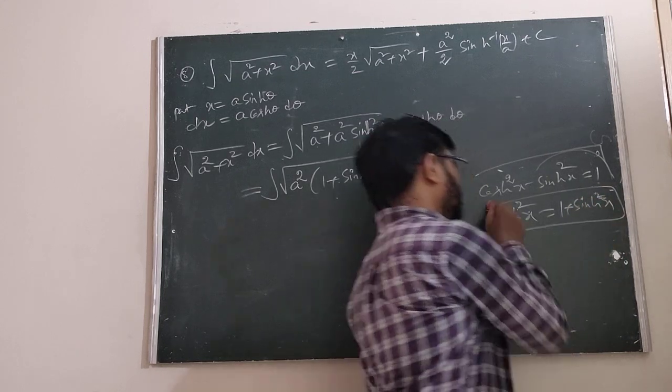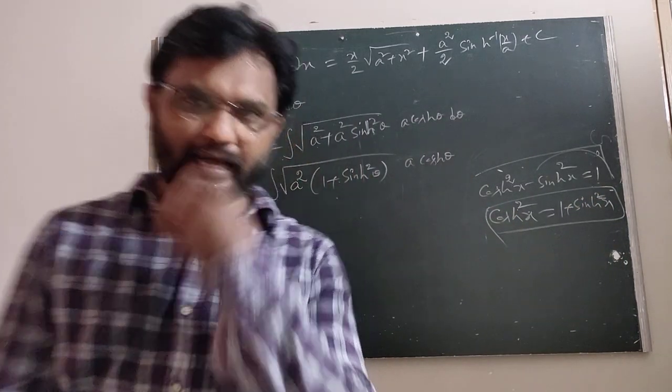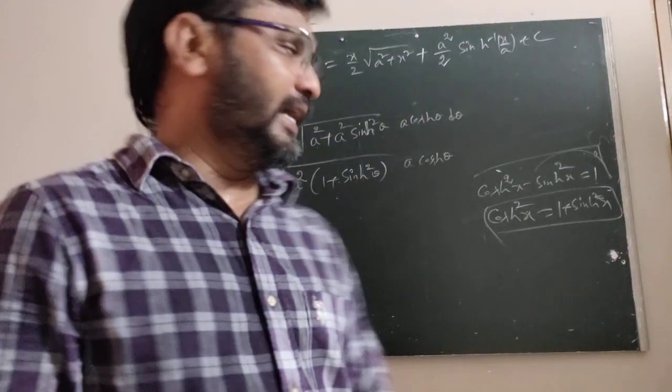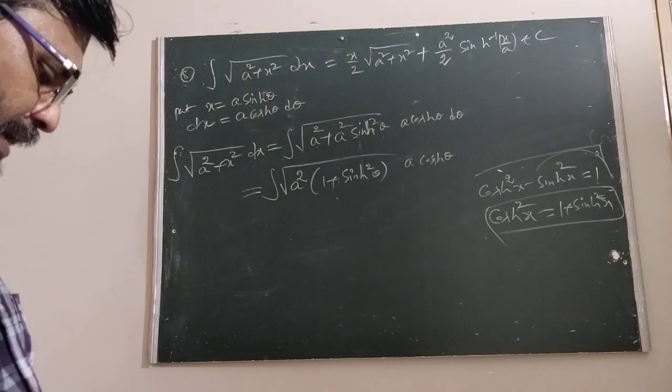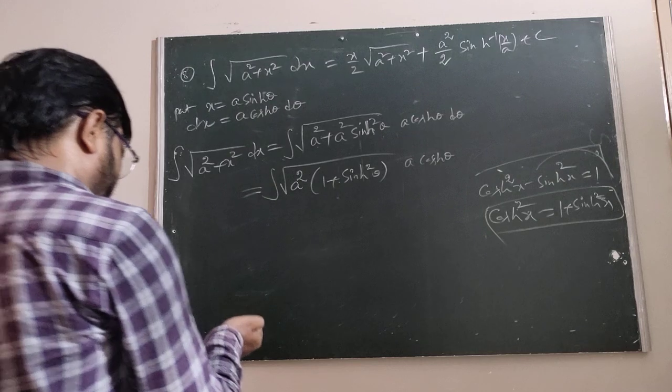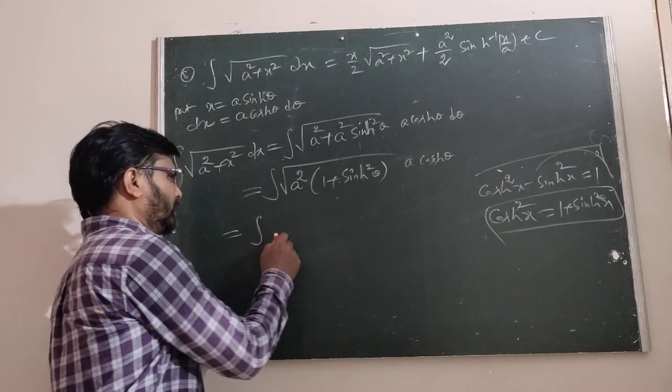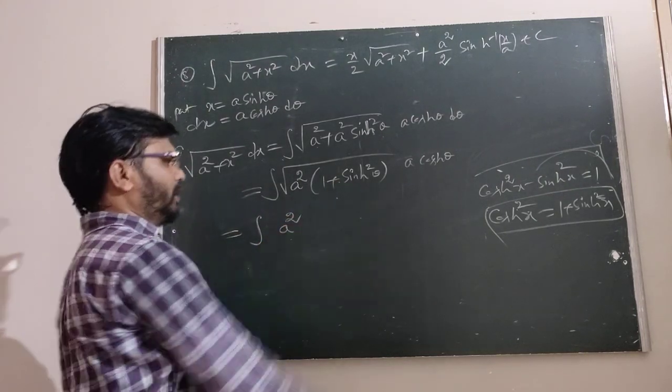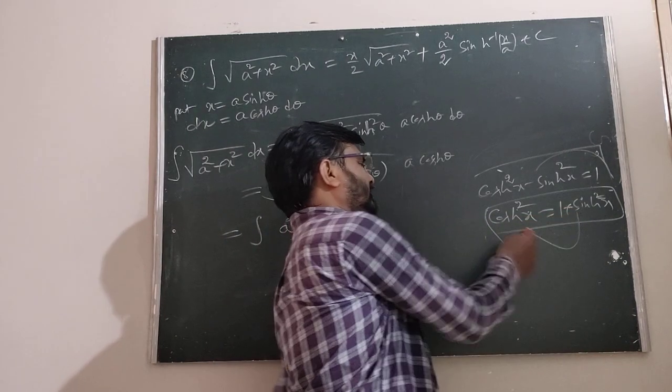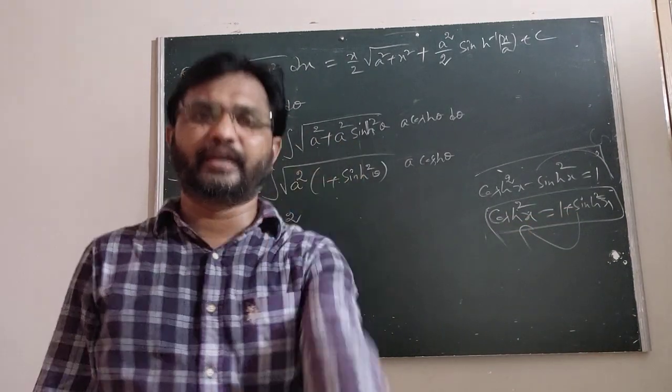This is the form. 1 plus sinh square x is cosh square x. Now we can write the integral of a square, where 1 plus sinh square theta is cosh square theta.